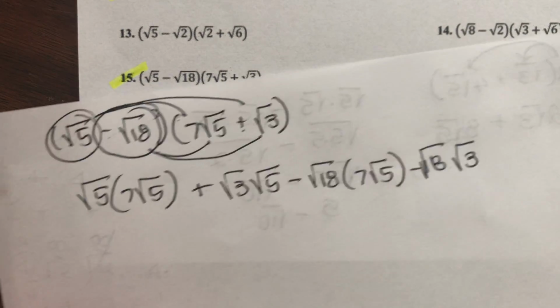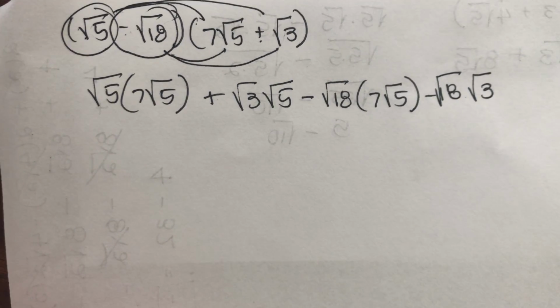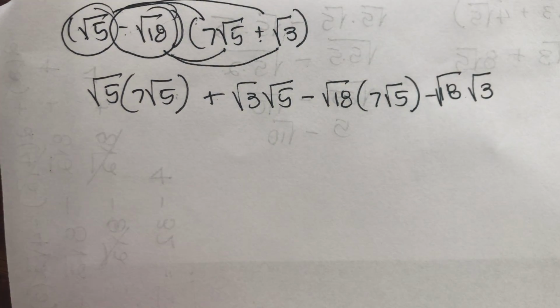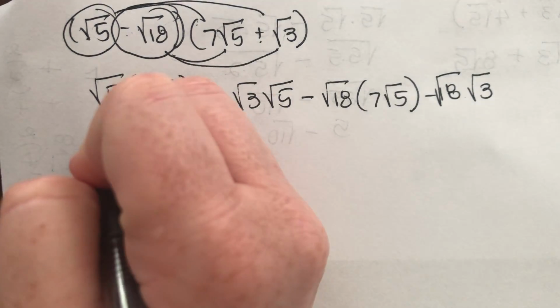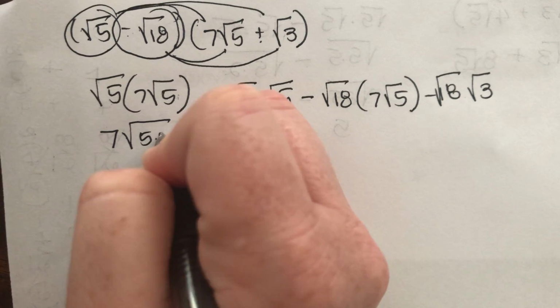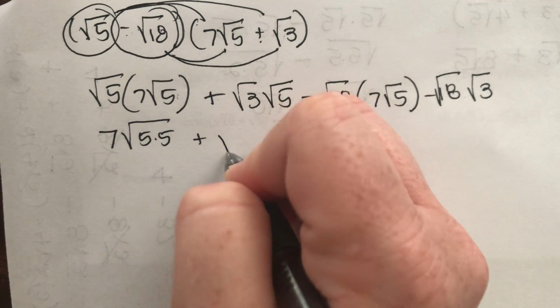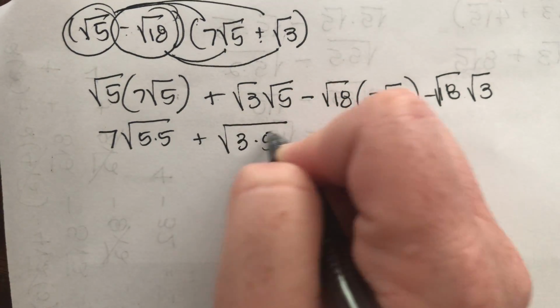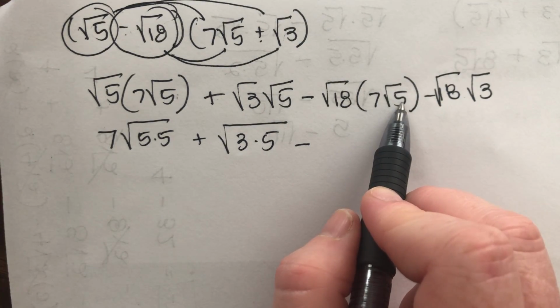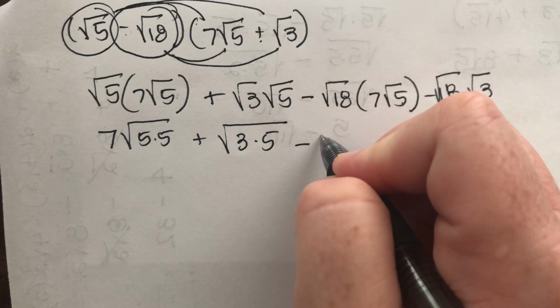All right, so now that it's written out, I can start simplifying. I've got two radicals here, so I can combine them underneath the same sign. I'm going to put that 7 out front, and then the radical stuff under the same sign. Minus square root of 18 times square root of 5 goes underneath the same sign, so I've got that 7 out front.